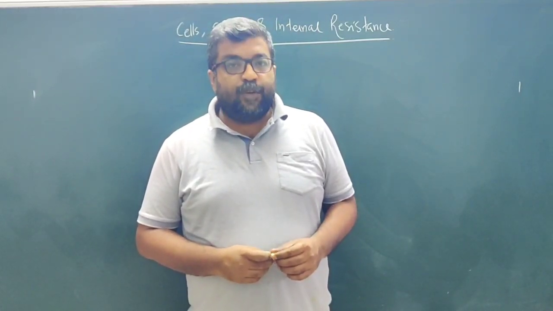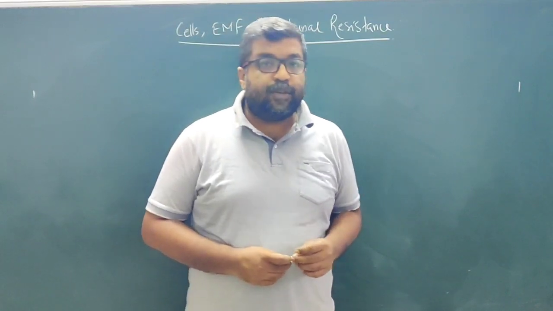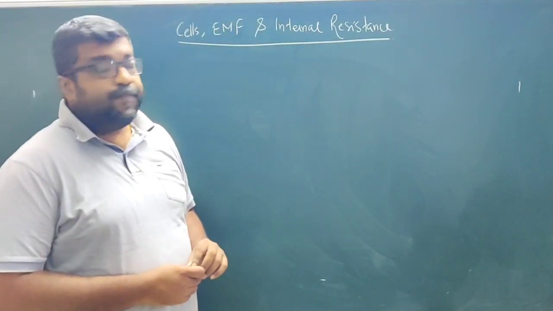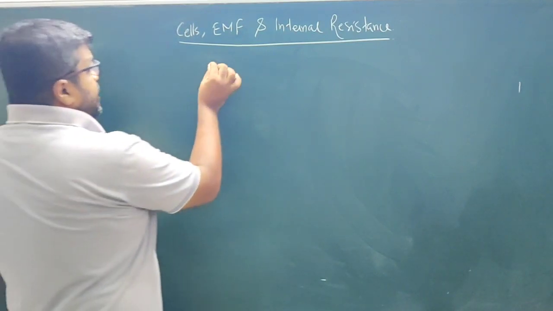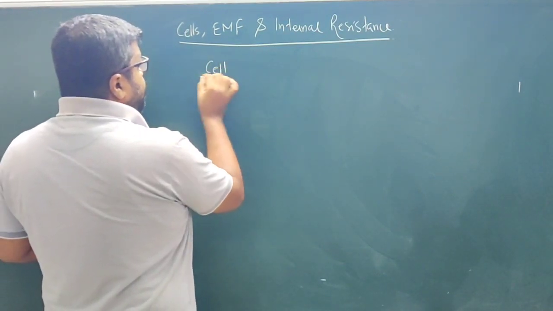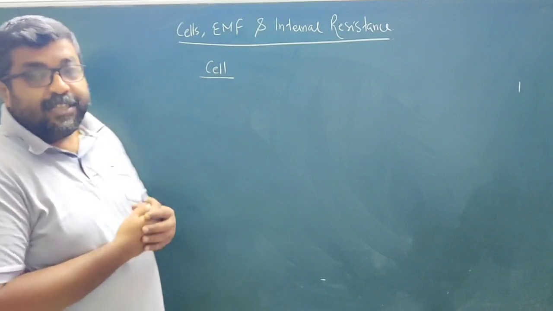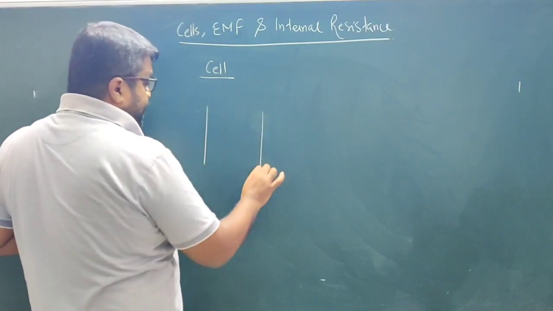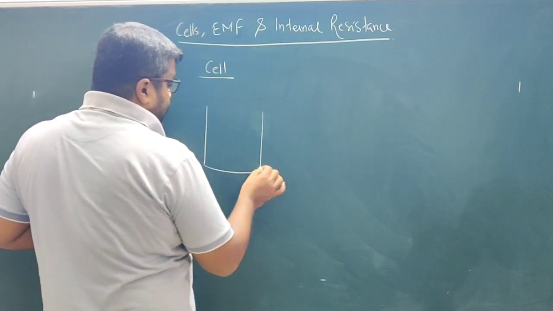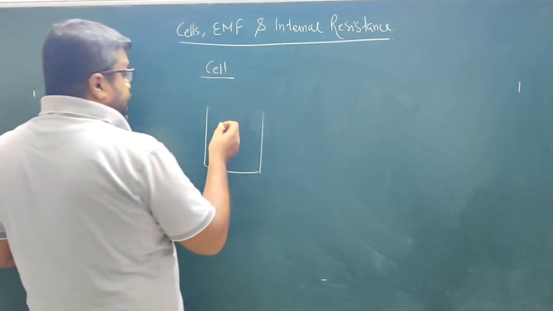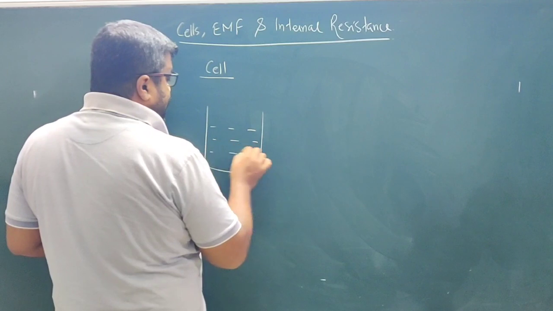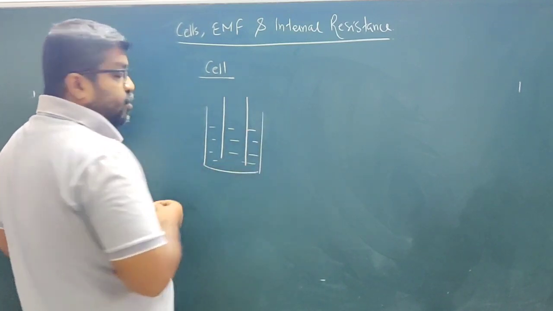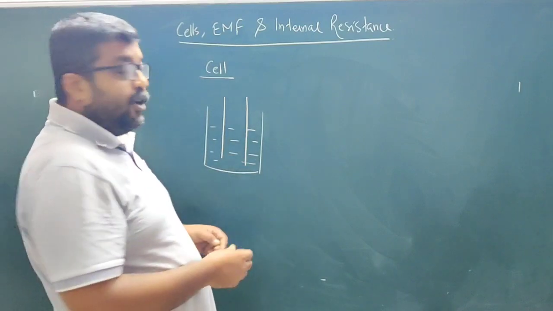So in today's video we are going to discuss the topics of cells, EMF and internal resistance. Now basically this cell, not the biological cell, the chemical cell, consists of an electrolyte in a vessel. Suppose this is a vessel and this contains an electrolyte, and there are two electrodes dipped inside the electrolyte.